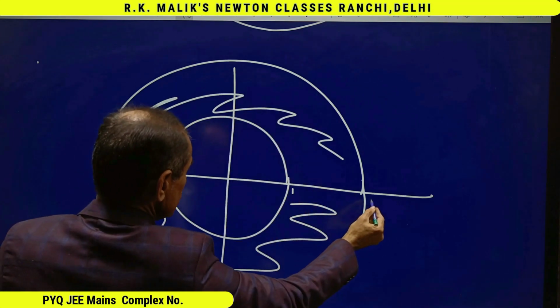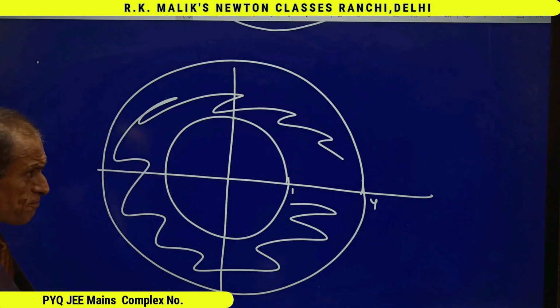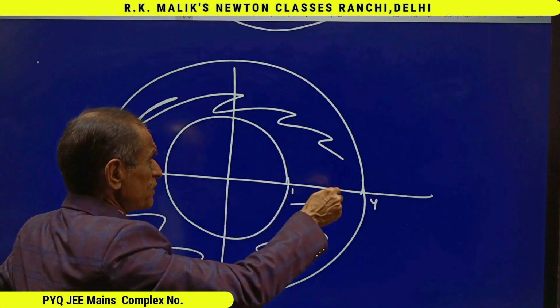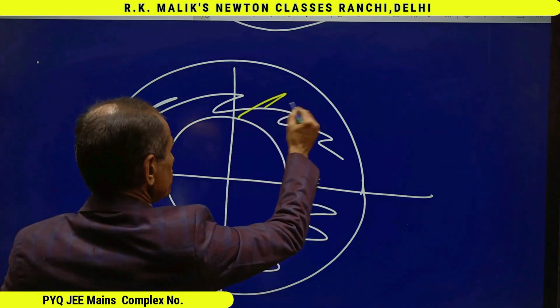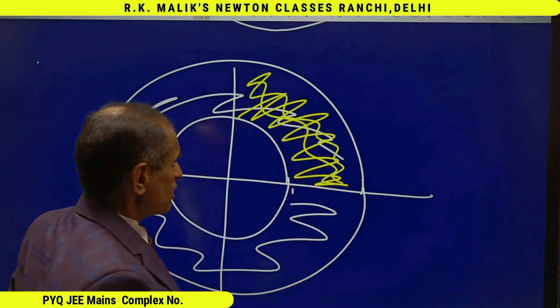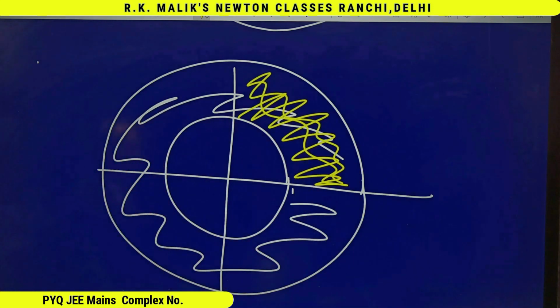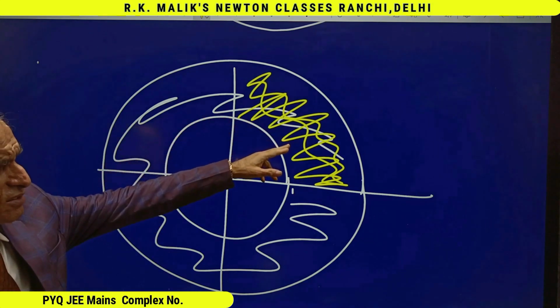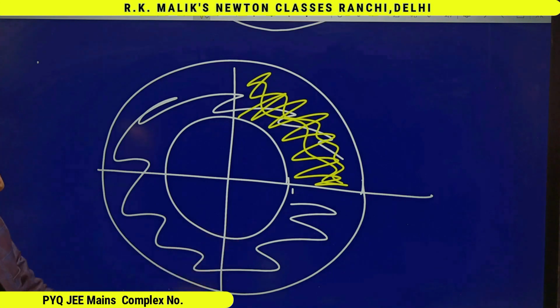This point is 1 and this point is 4. Obviously, to find the number of integral points in this portion, I will just find the number of integral points in this region and multiply it by 4, because the number of integral points in this region, this region, this region and this region will be equal.